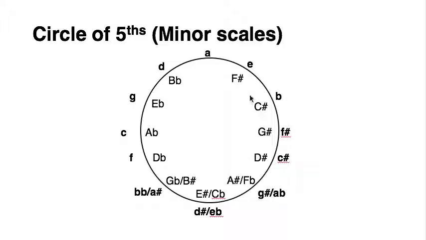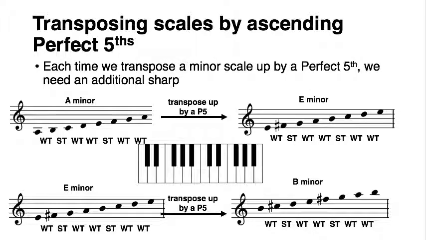So basically, the circle of fifths works in the same way, the transpositions and the accidentals are the same, and they happen in the same order. The process of transposing the minor scale, then, is the same as it was before. Transposition still means the same thing.